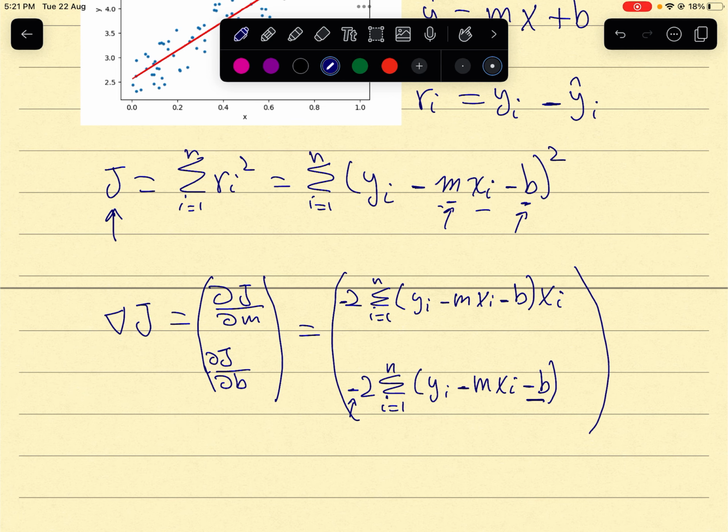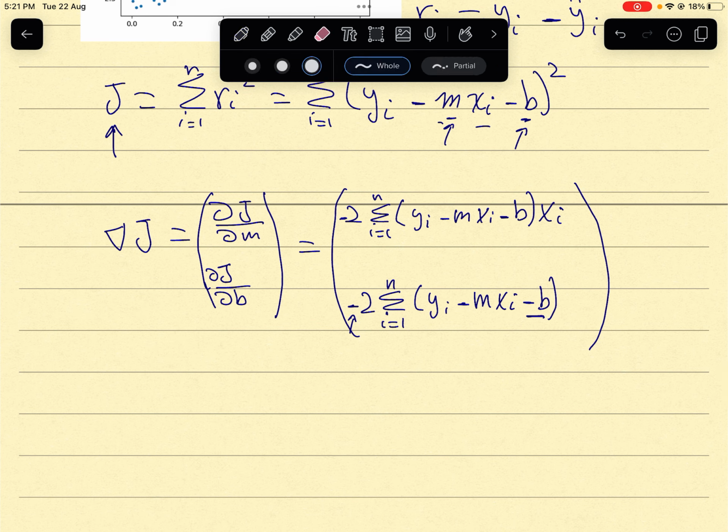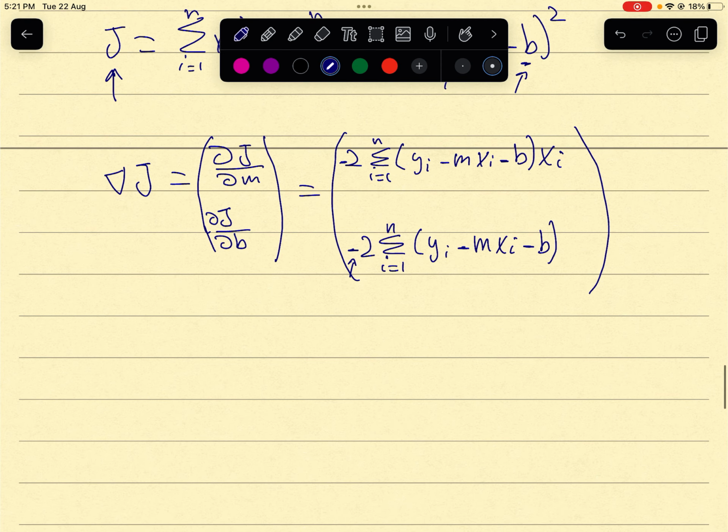So I can find the value of b firstly, then I can find the value of m. Okay, I set this vector to 0.